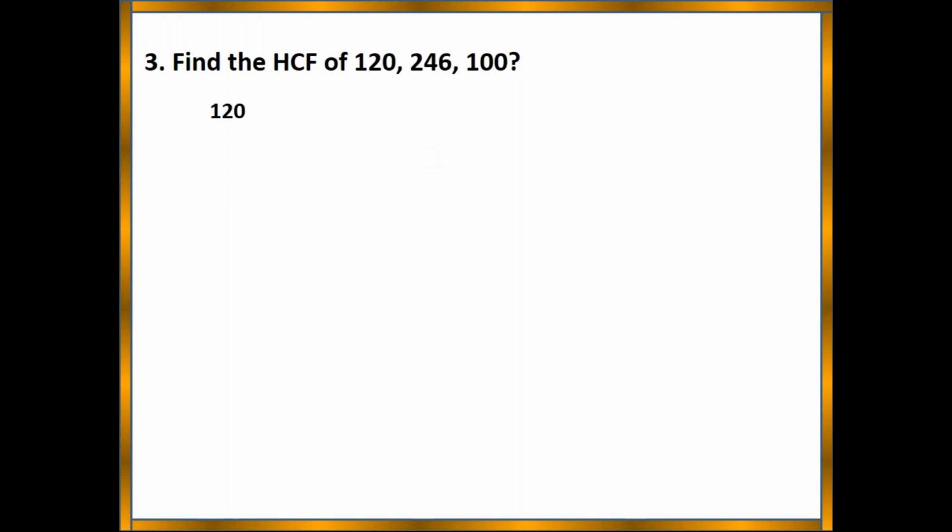So 120 and 246, I want to take. 120 is the smaller number, that is the reason 120 is the divisor. 2 times 120 is 240. So the remainder is 6. Many of you forgot in BTech also how to find the GCD. Very few remembered. This process continues until the remainder is 0.